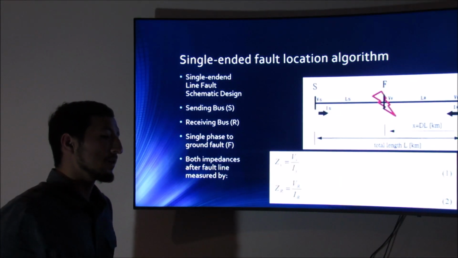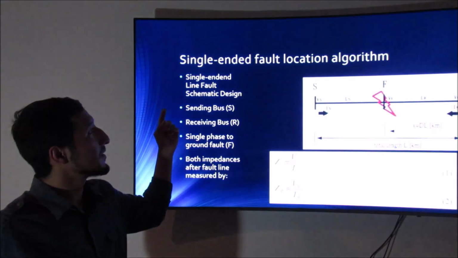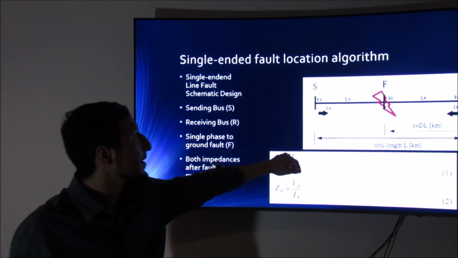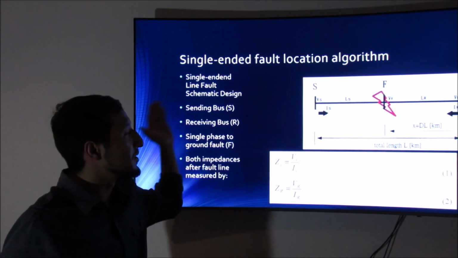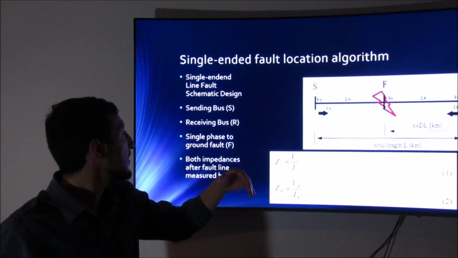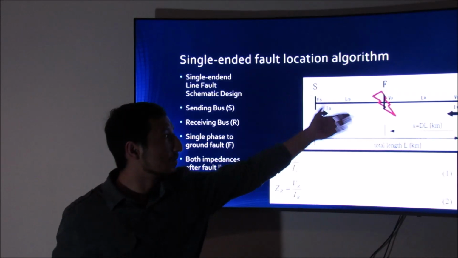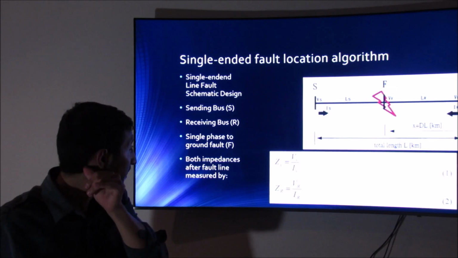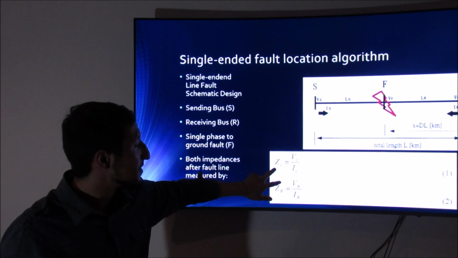Now moving on to the fault locating methods, they started off with a single-ended fault location algorithm, and here you have the schematic. You have the sending bus, and over there the R is the receiving bus, which ends up being basically the start and end point of the transmission line. They simulated here the ground fault, of course, right there in the middle of the line, and they basically focus on the impedances of the sending and the receiving bus.